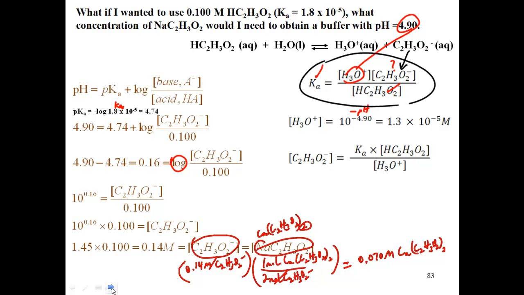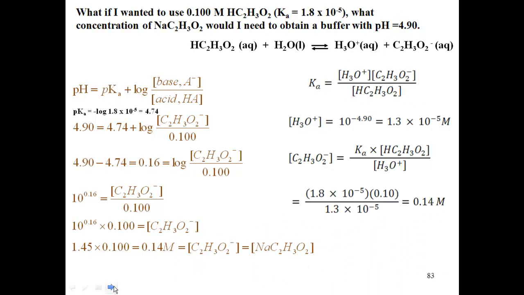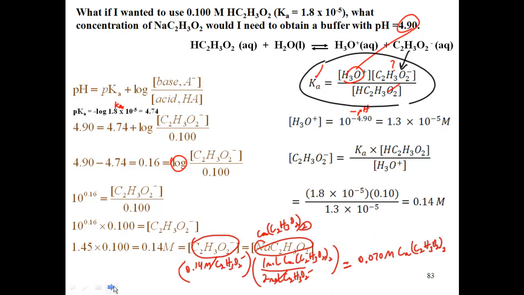Plugging in values: 1.8 times 10 to the negative fifth for my Ka, times 0.1 for my acetic acid concentration, divided by 1.3 times 10 to the negative fifth, which gets me 0.14 molarity of my acetate ions. In sodium acetate as my solid, that would mean 0.14 molarity of sodium acetate, just like we calculated with the Henderson-Hasselbalch equation.